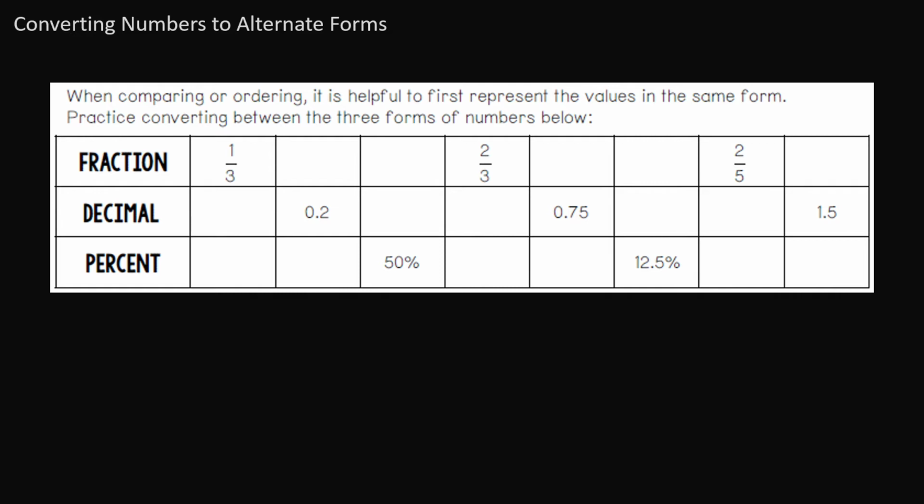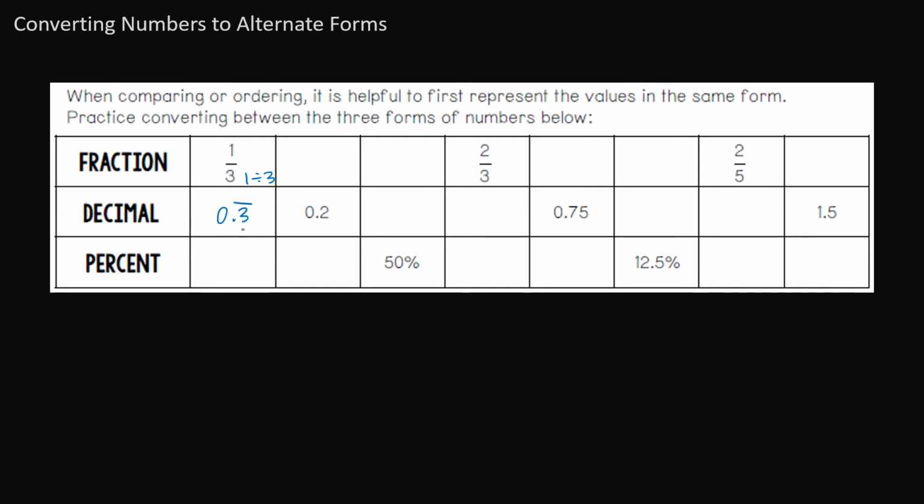Let's quickly go through how to do that. Fractions. Let's say I have the fraction 1/3. Remember, that's just saying 1 divided by 3. 1 divided by 3 is going to be 0.3 repeating. That means the place value 3 is going to be repeating infinitely.